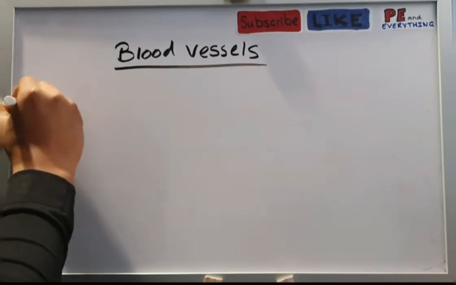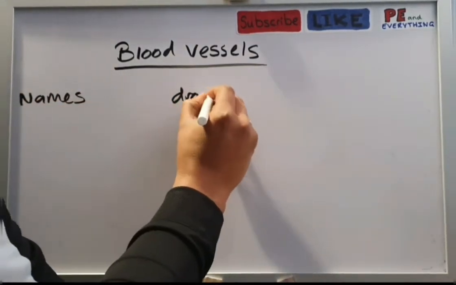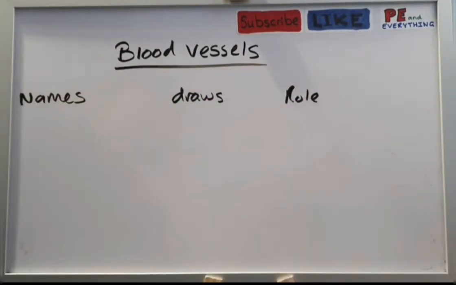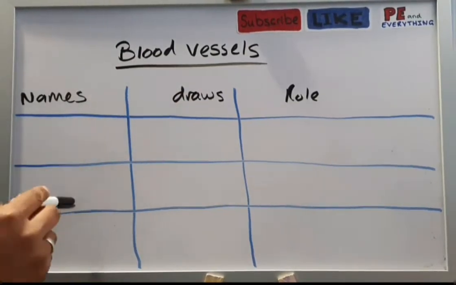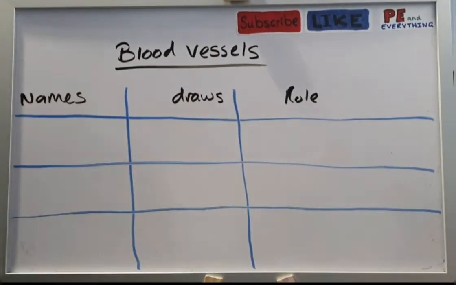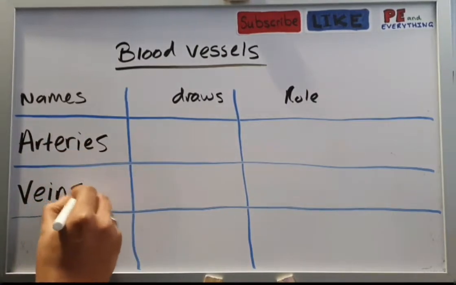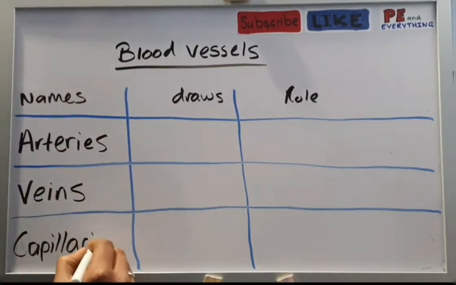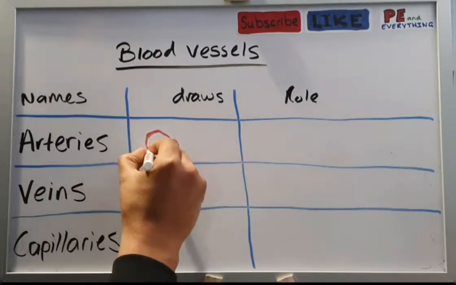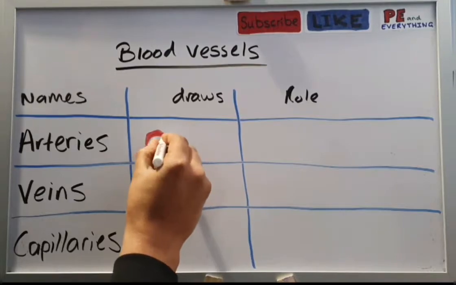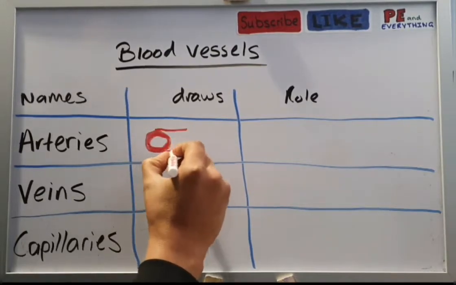Blood vessels, what we're going to be talking about today. So we've got the names, we're going to draw some blood vessels, and then we're going to talk about the role of each one. So as you can see, we've got 3 rows here, which means there are 3 types of blood vessel: arteries, veins, and capillaries. First we're going to have a quick sketch of the arteries and what they look like.